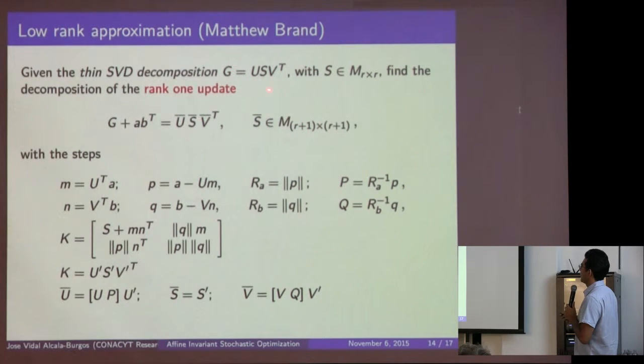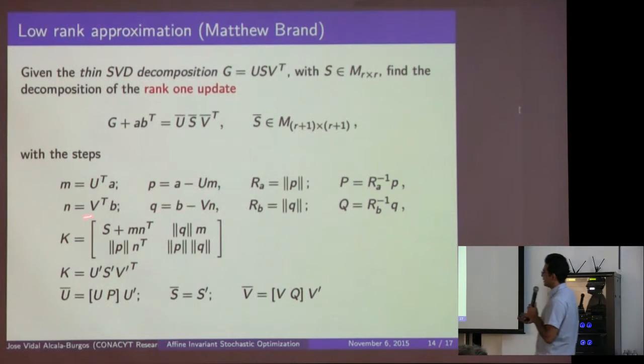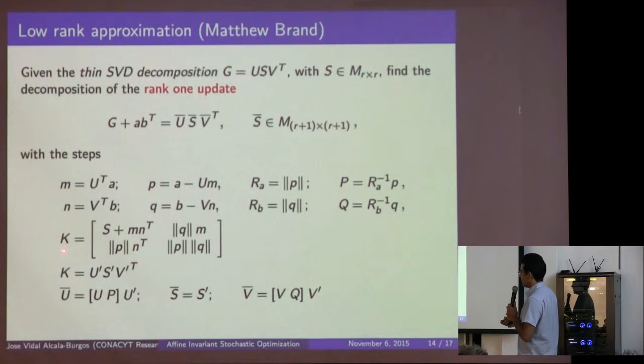So we have the decomposition. And this matrix here becomes R plus 1 times R plus 1. In this low rank matrix is where we do the SVD decomposition. We take this matrix K and do SVD again.